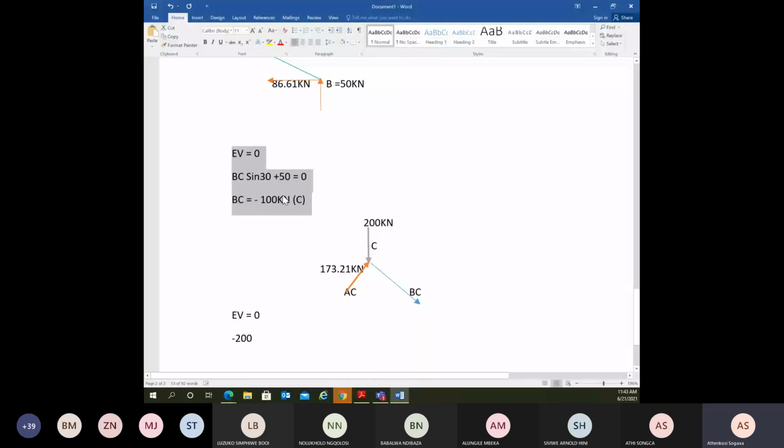Now coming to your question. AC is in compression. When I say in compression, in any member or in any joint, it will compress. That means it pushes towards its joint. Isn't that so?